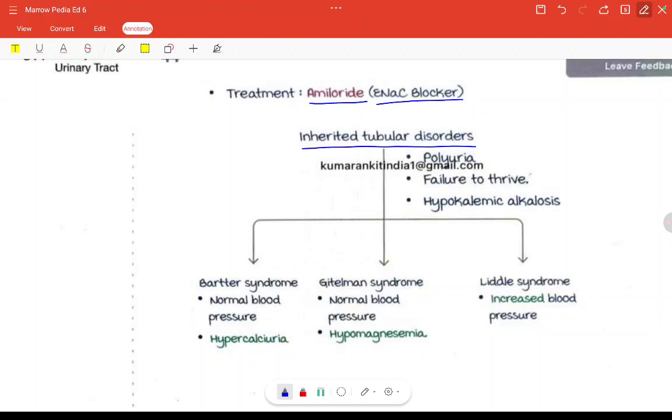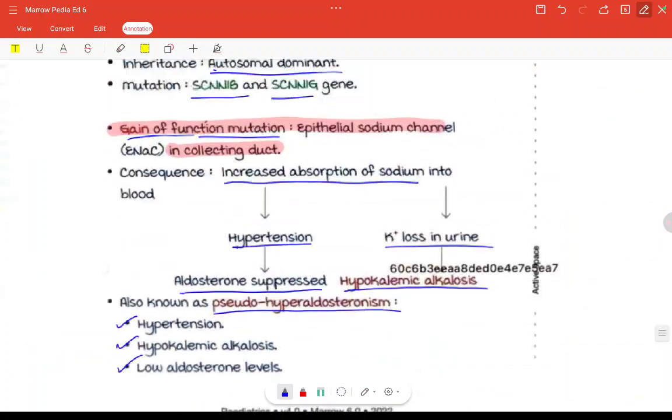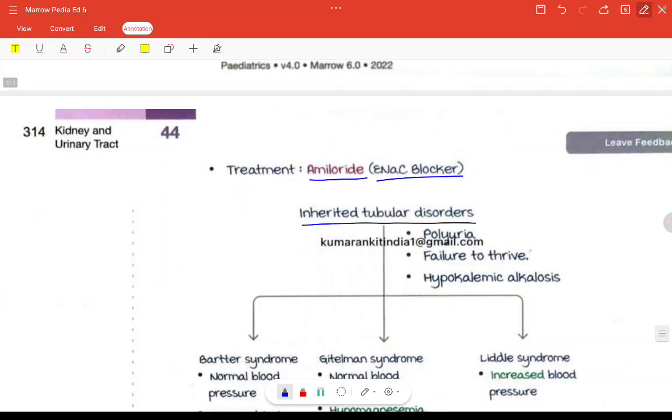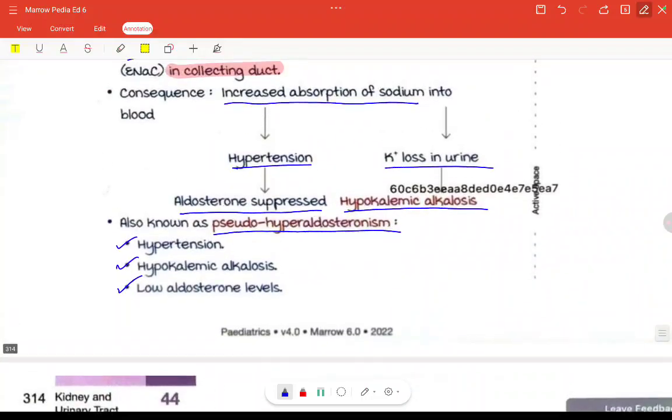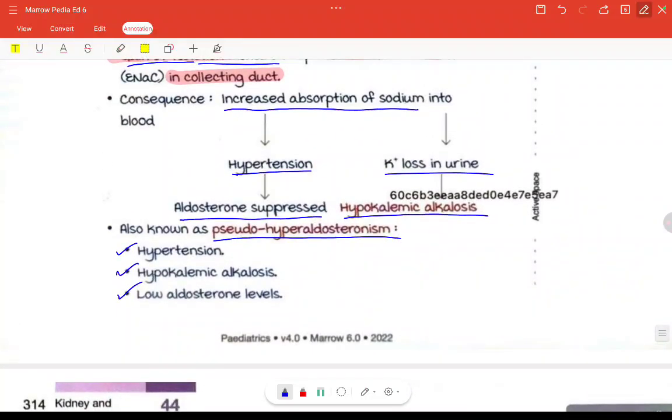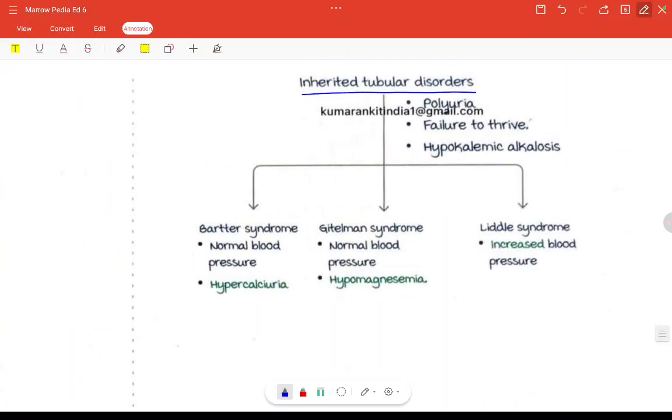The cause of hypokalemic alkalosis is different in the three, right? In the above two, Gitelman and Bartter syndrome, the cause was the aldosterone axis because RAAS was getting activated. But in the last one, there is increased absorption of sodium in the blood that leads to potassium loss in the urine, right? In Liddle syndrome, the cause was different.